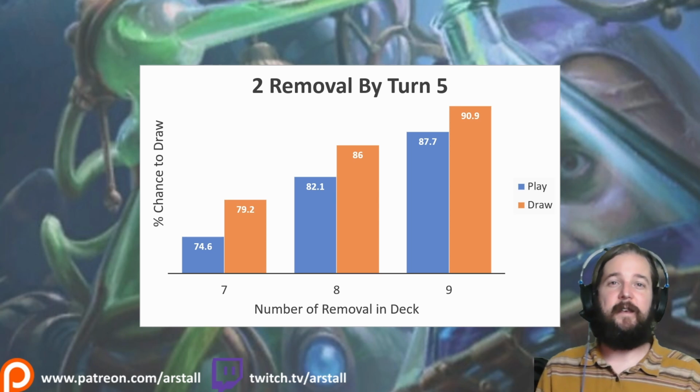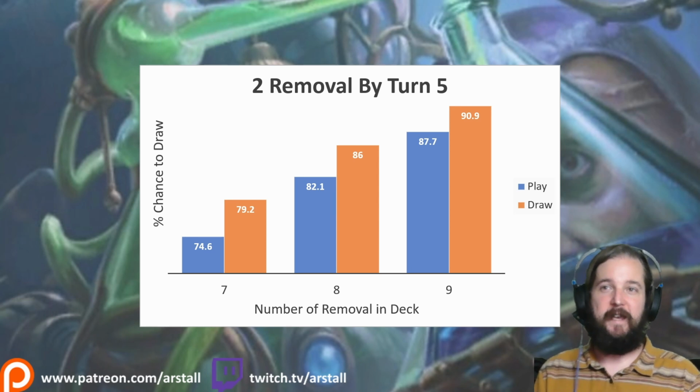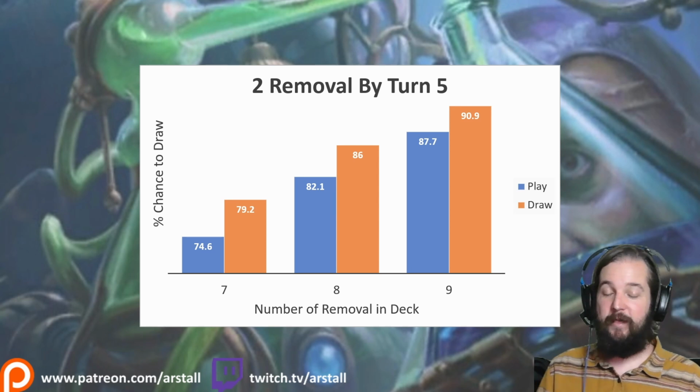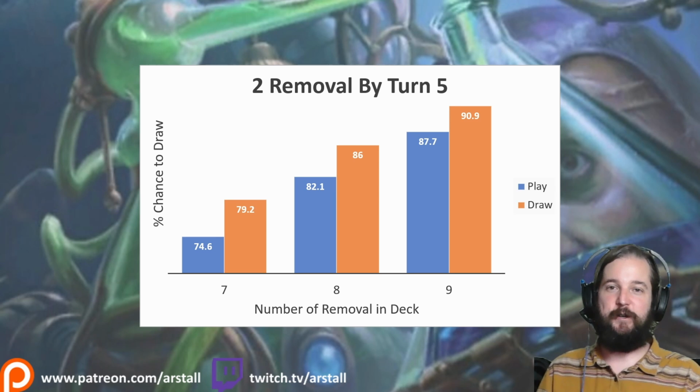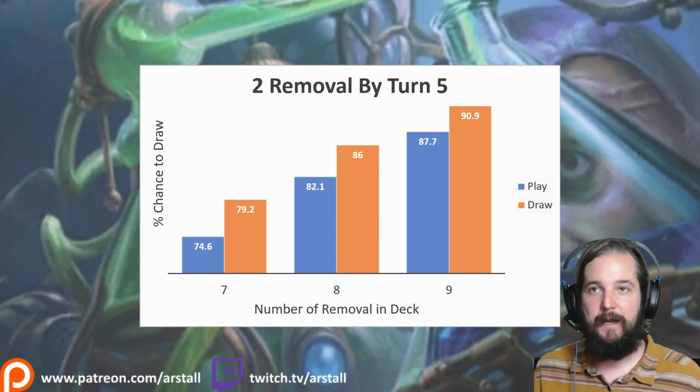And then the opposite side of the spectrum is how would we tweak the formula for control? Let's say that one thing that we can definitely note is the 2 pieces of interaction by turn 5. We 100% are going to need at least 2 answers to our opponent's threats by turn 5.